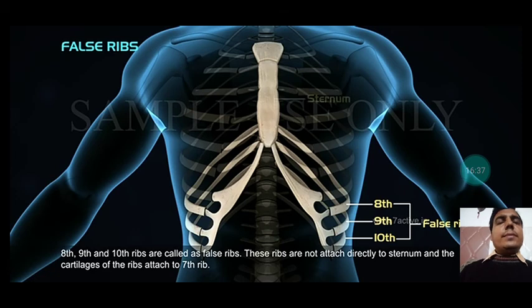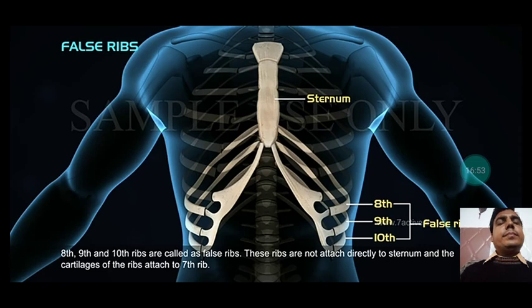Next, students, rib number 11 and rib number 12 are called floating ribs because they are not joined to the sternum.